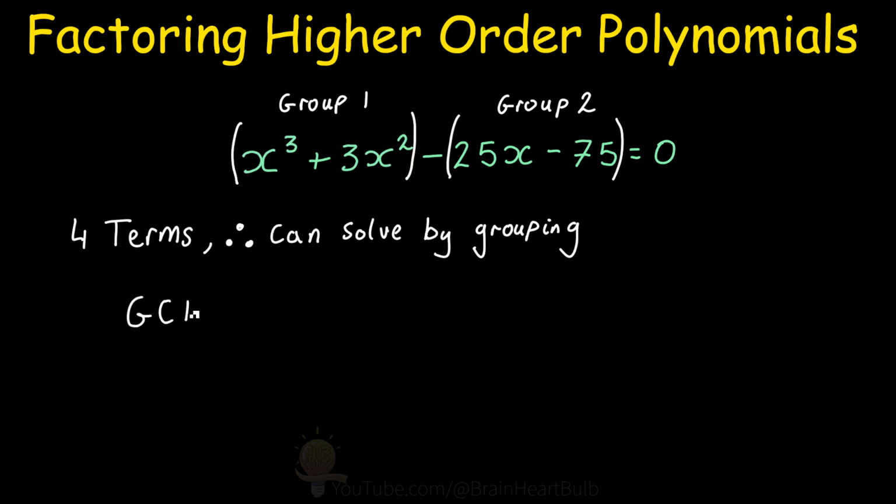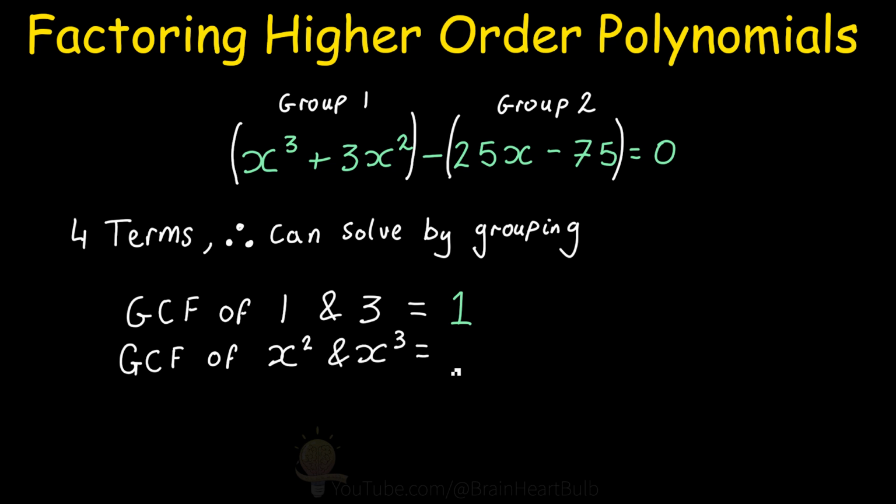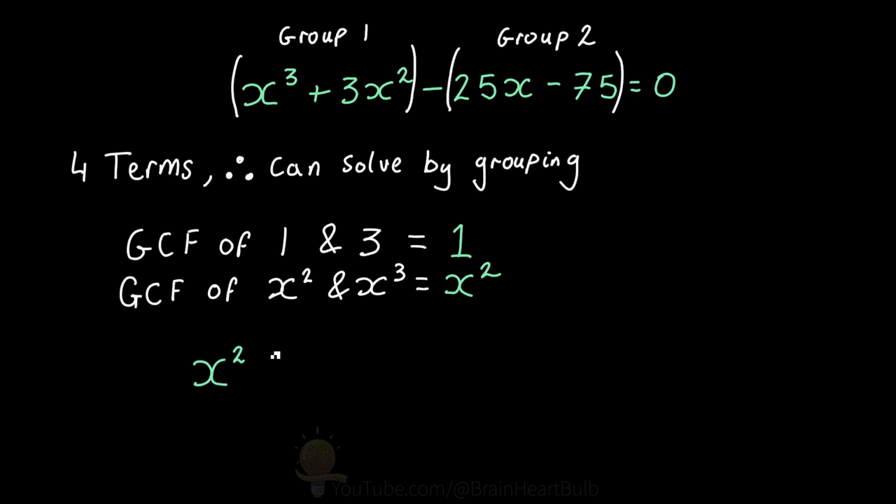We start with the coefficients 1 and 3, and the greatest common factor is 1. For the algebraic terms, x cubed and x squared, the greatest common factor is the lowest power, and we end up with x plus 3 in the first bracket. So let's do the same with the last 2 terms in the second grouping.